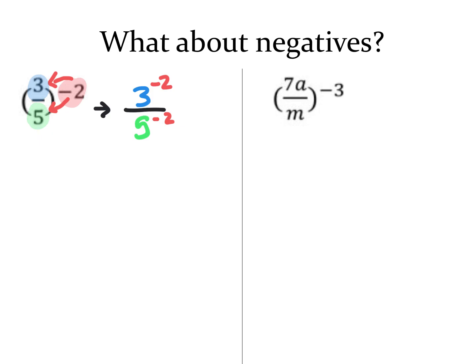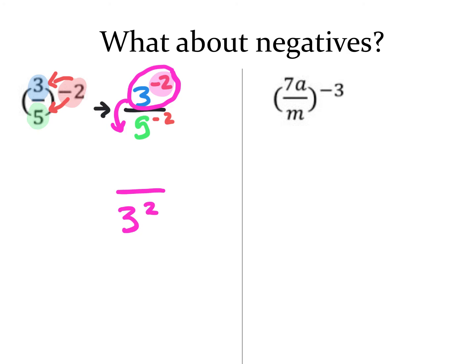Now the last thing we have to do, before I can think about simplifying, is rearrange my terms. We see that the numerator has a term of negative 2, so I'm going to bring this whole expression to the denominator. So it becomes 1 over 3 squared.